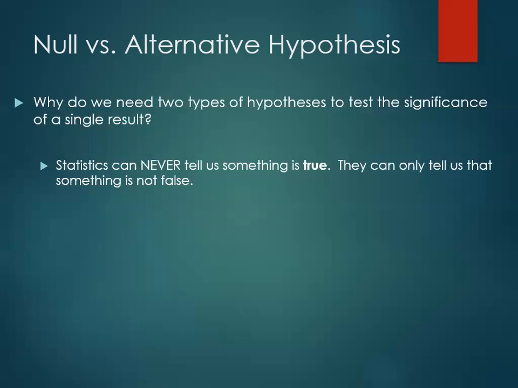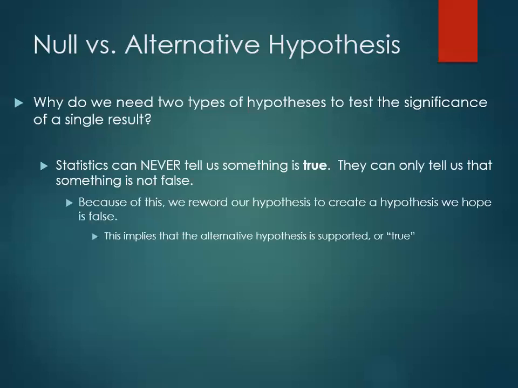Because that never happens, we never conduct a census, we never have perfectly bias-free measurement, we can never know that the result that we find in our sample is exactly true, but the statistics can tell us the odds that something is false. So it can't tell us the likelihood that something's true, but it can tell us the likelihood that something is false. And so because of this, we reword our hypothesis to create a hypothesis we hope is false.